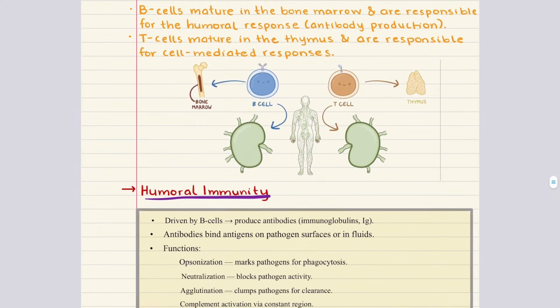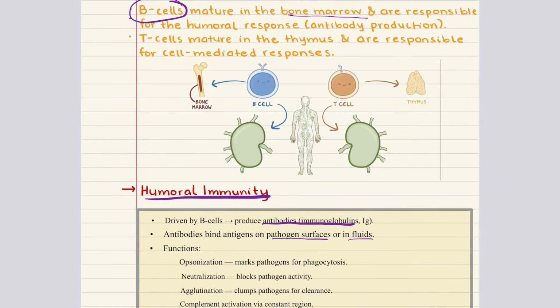Humoral immunity refers to the branch of the immune system that uses antibodies, also called immunoglobulins, to target pathogens in body fluids. B cells are at the center of this process. B cells mature in the bone marrow, and when they first encounter their specific antigen, they're considered naive B cells because they have not yet been activated.